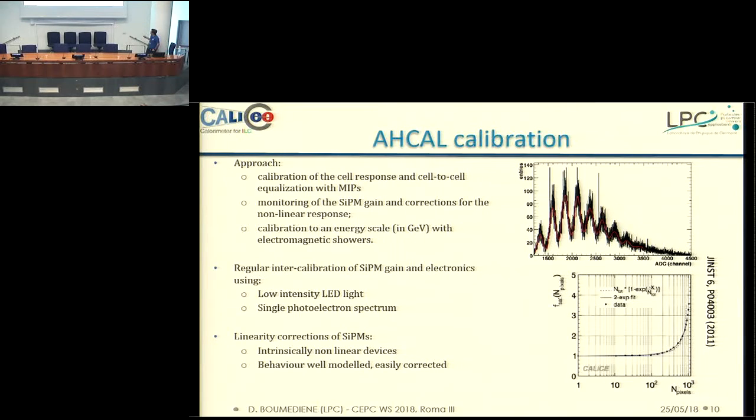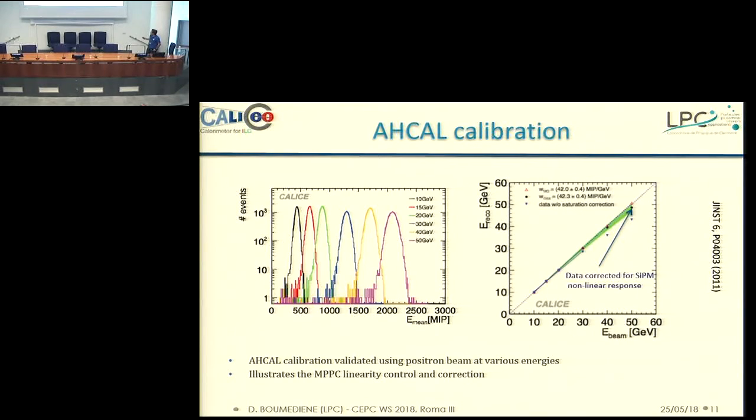And you see here how this correction looks, but maybe more clearly on this plot. You see here the response of the HCAL in MIPs to different positron energies. If you fit each Gaussian and you report the mean value as a function of the beam energy, you obtain these blue triangles.